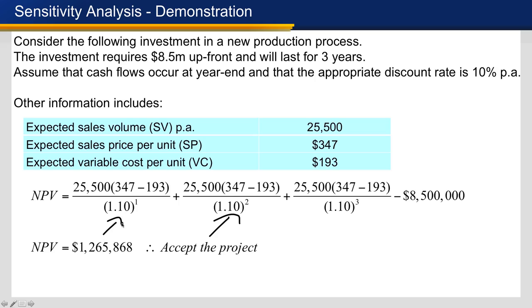That's accumulating to reflect the fact that we're waiting 1, 2 or 3 years for it, and we offset that against the initial investment required. The NPV of this project is $1,265,868. So using the NPV approach to project evaluation, this project is acceptable, and we would accept it.